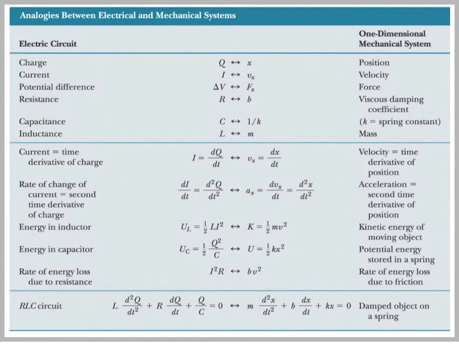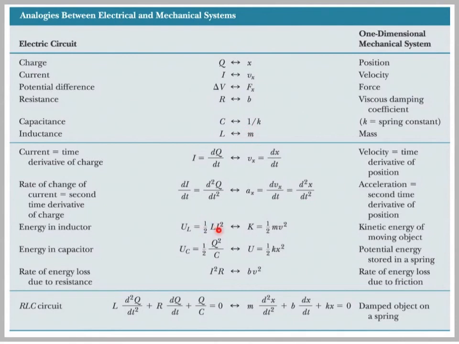So if I were to look at the time rate of change of current, that's the second derivative of the charge, and that would be the same as acceleration. The energy in an inductor is 1/2 L i squared. Well, the kinetic energy of a moving object is 1/2 m v squared. Remember, L goes like m, and i goes like v.